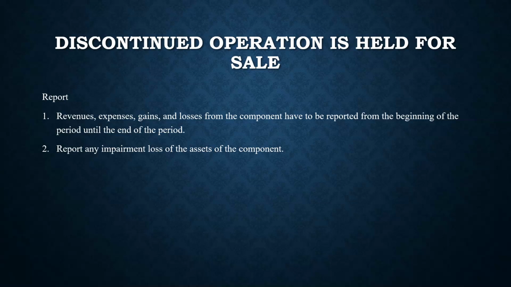They're going to compare that with the book value. And if the fair value minus cost to sell is less than the book value, then they're going to have to write off that difference. That is called the impairment loss. We'll look at an example and then we'll go through how to calculate that impairment loss.